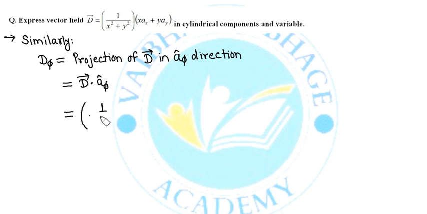So that will be 1 upon x square plus y square into the given vector, that is x ax cap plus y ay cap, and now we will have the dot product with respect to this phi component.